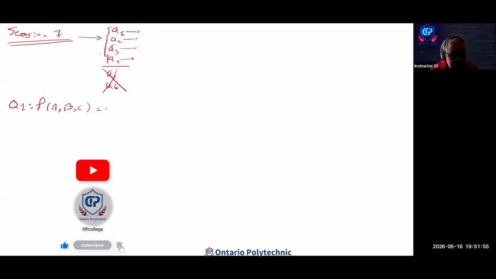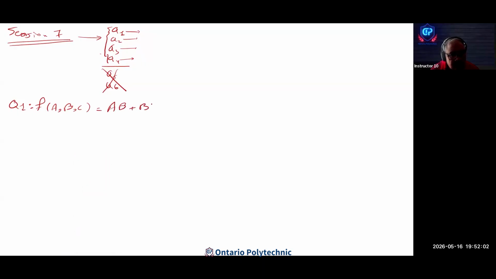For example, we have AB plus B prime C prime plus A C prime. This function or any function is given. For this function, the variables are ABC. It means that each term should contain ABC, but here we have AB, B prime C prime, and A C prime.